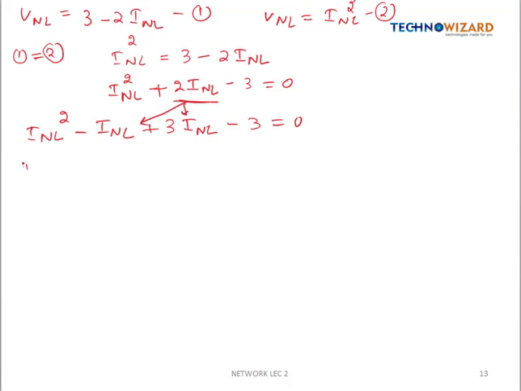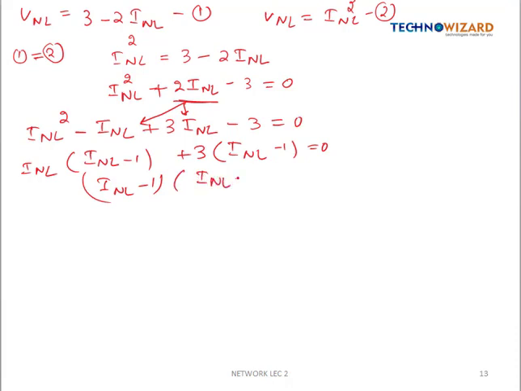So I will take INL common. It will be INL minus 1 and plus 3 common from here. So it will be INL minus 1 is equal to 0. So it will be INL minus 1 into INL plus 3 is equal to 0.